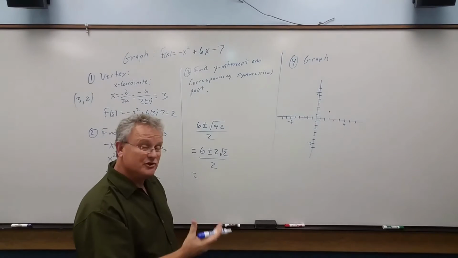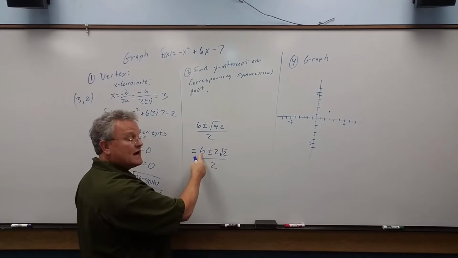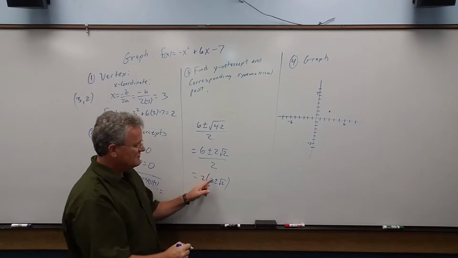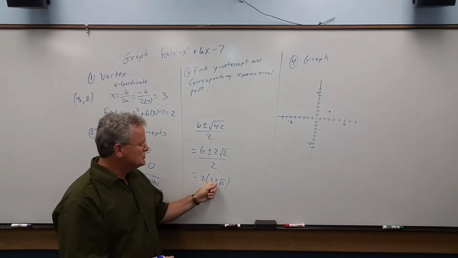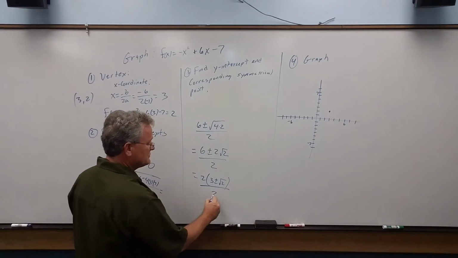Depending on how you explain simplifying, I explain it by factoring out a 2. This gives us 3 plus and minus root 2, because 2 times 3 is 6, and 2 times root 2 is 2 root 2, over 2.